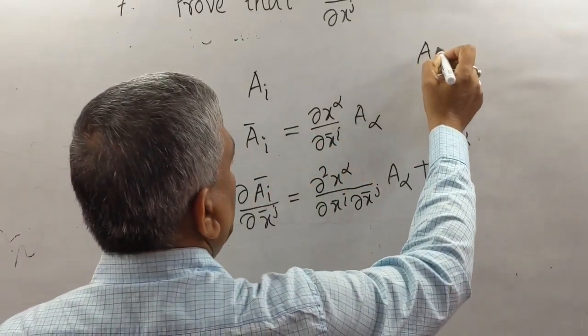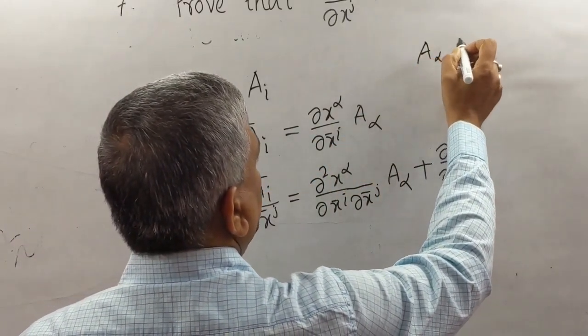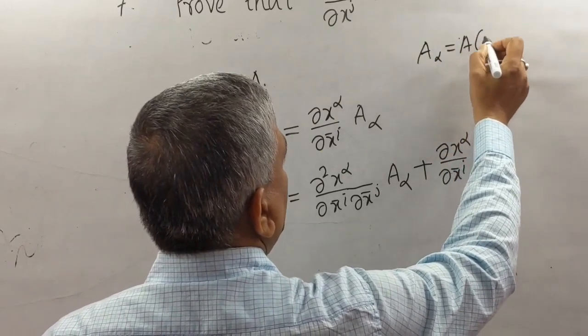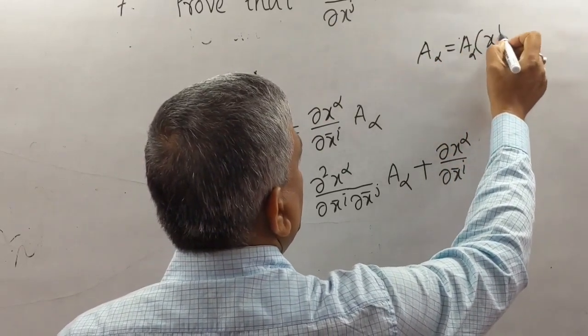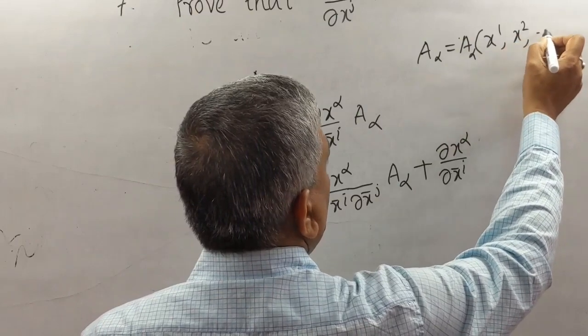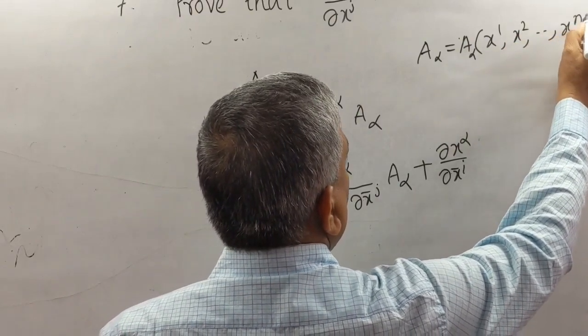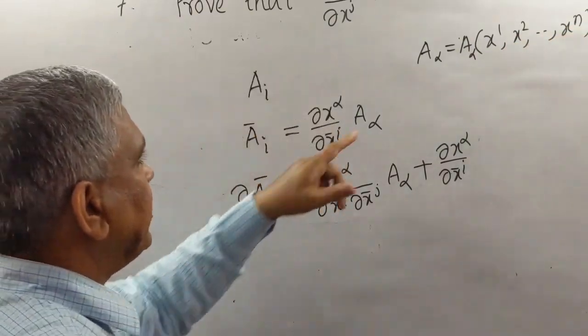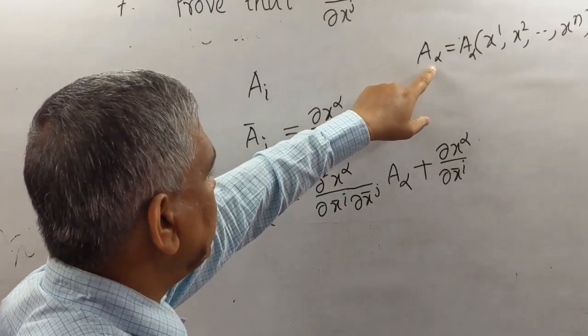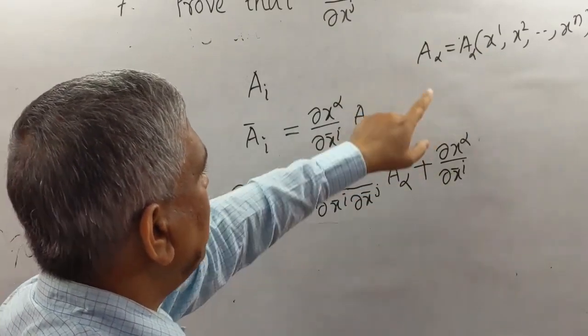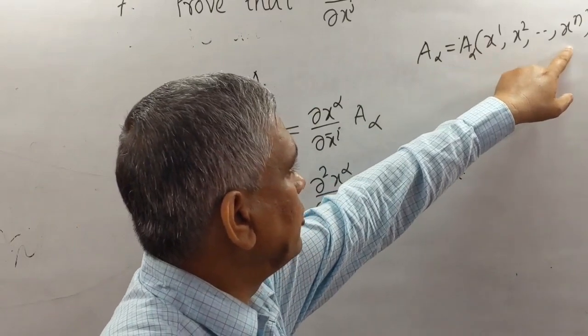So this is a direct function of x1, x2, xn. So we may not differentiate a alpha directly with respect to x bar j. We will have to take these coordinates.